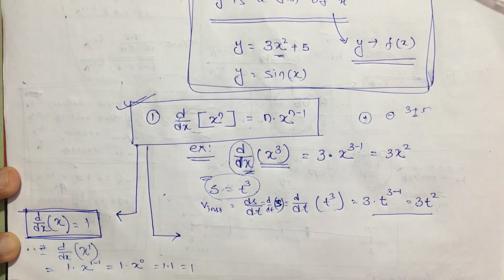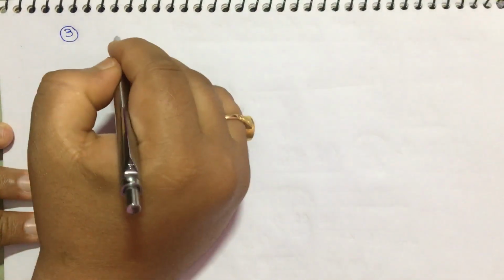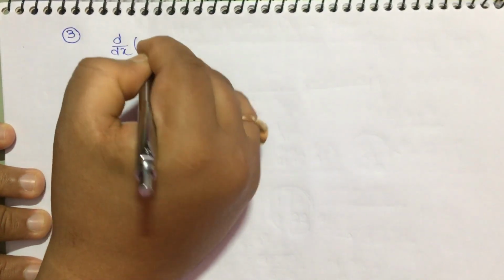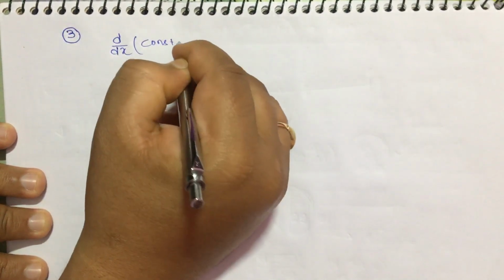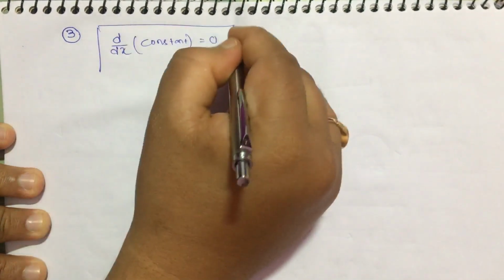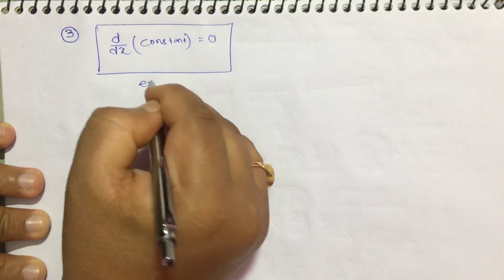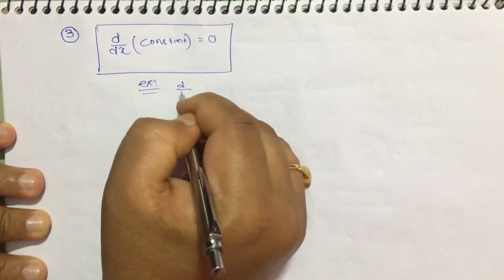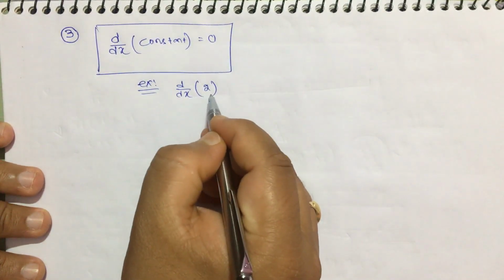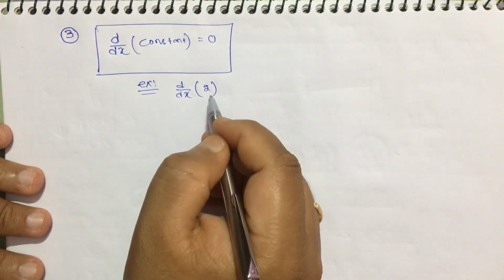Next formula is, if it is d by dx of a constant, then it is always going to be 0. A constant means, for example, if it is given d by dx of 2, you can see this is a constant because it is not going to change with x.